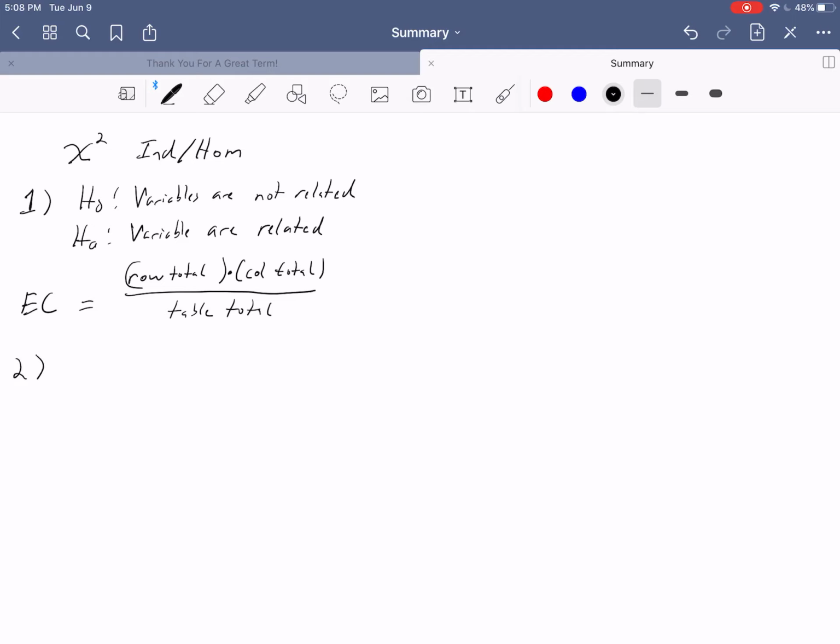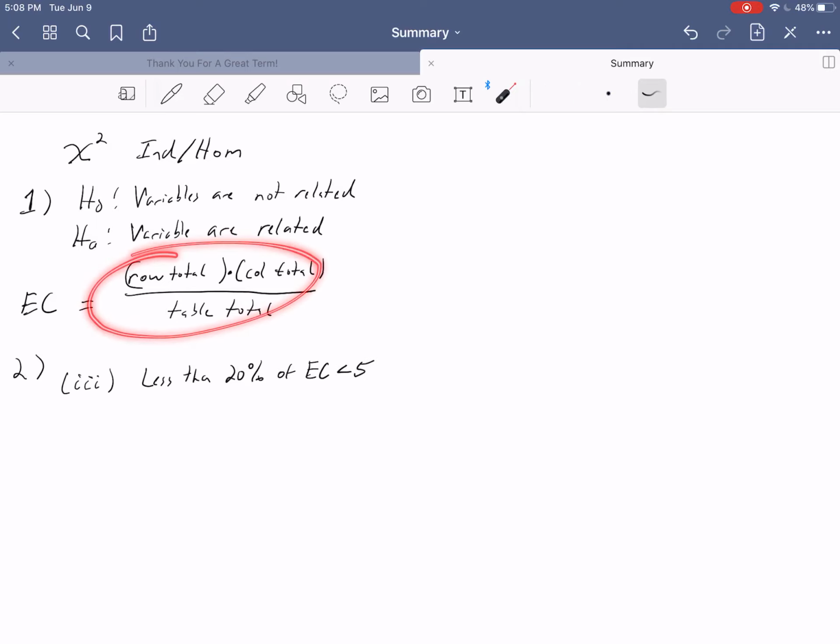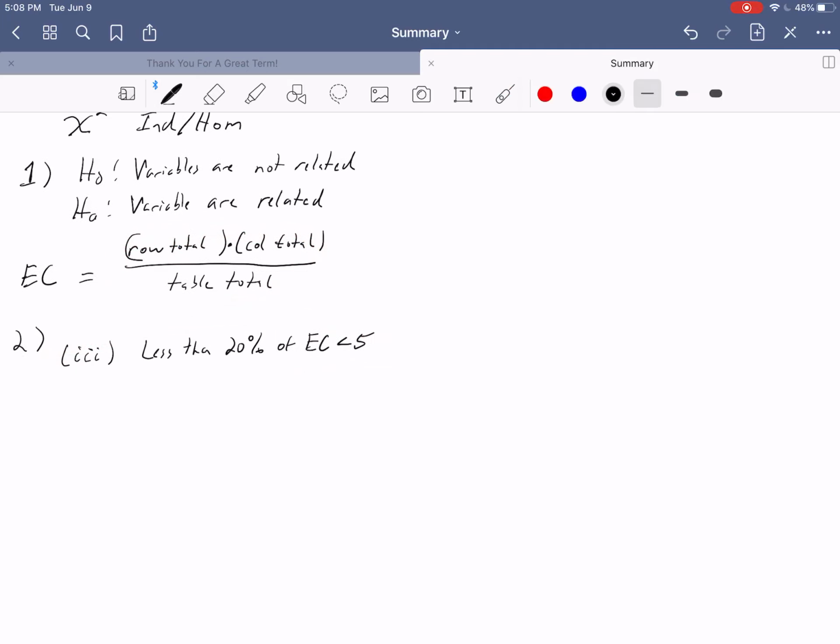Then you can move on to the conditions. Condition 3, again, is the sort of special one. We have to have less than 20% of the expected counts come in less than 5. If all of the expected counts are greater than 5, then this is trivially going to be true, but you just got to make sure you can't have too many small expected counts.